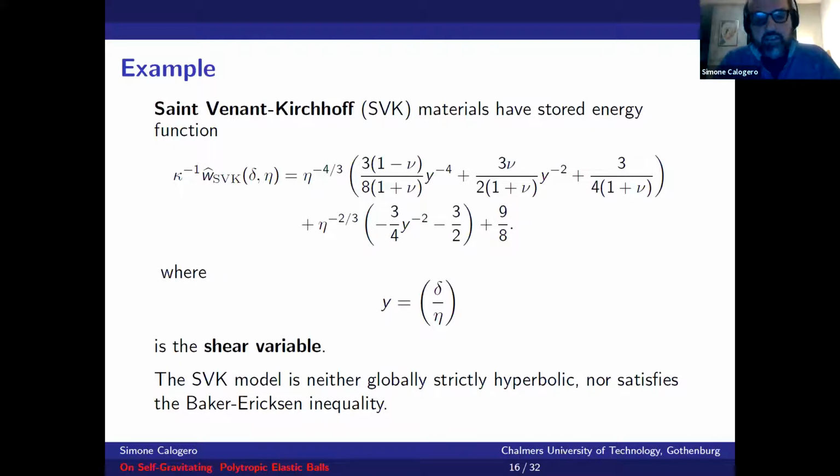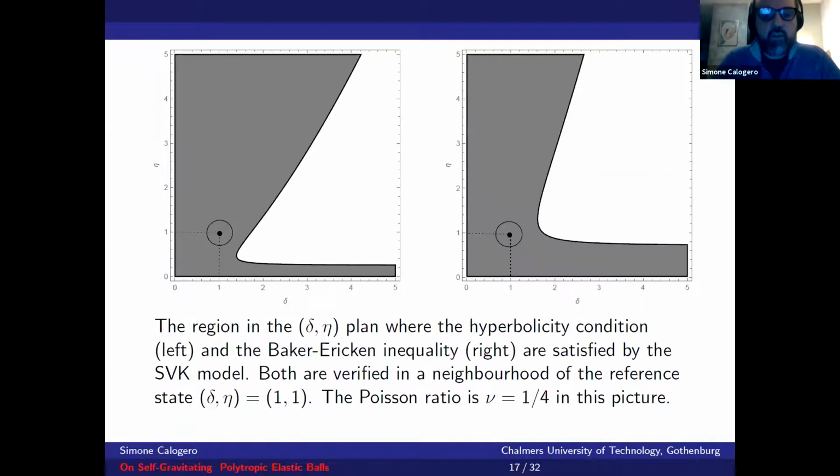And it turns out this Piola-Kirchhoff model is neither globally strictly hyperbolic nor does it satisfy the Bacher-Erichsen inequality. In fact, the regions where these two conditions are satisfied in the delta-eta plane, you can see here. The left is the region where the hyperbolicity condition is satisfied, and the right is the region where the Bacher-Erichsen inequality is satisfied.